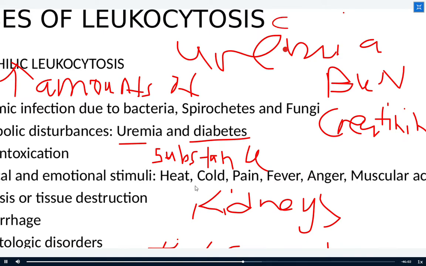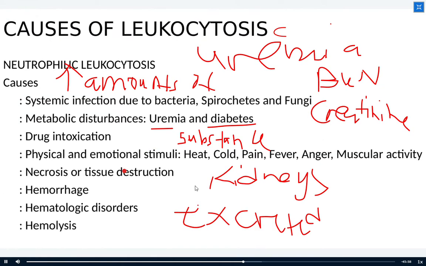Starts with the letter C. Isang word lang yan, Jo. Starts with the letter C, class.